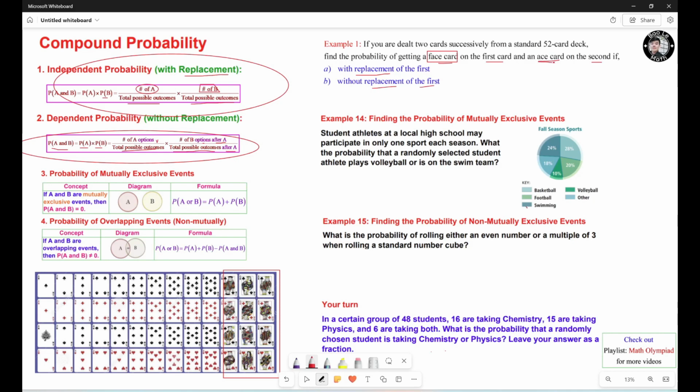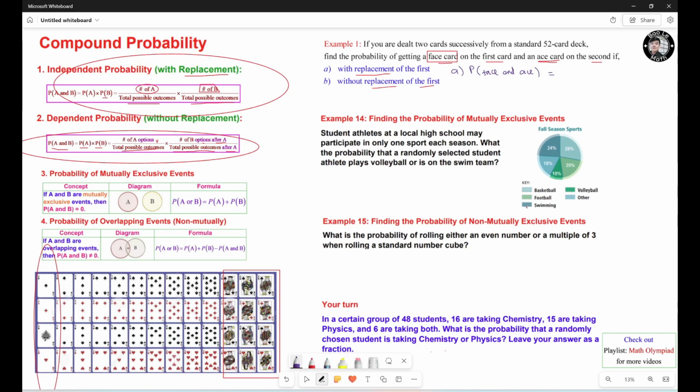And we have 4 ace cards. Question A. So we have probability of face card and ace card equals.